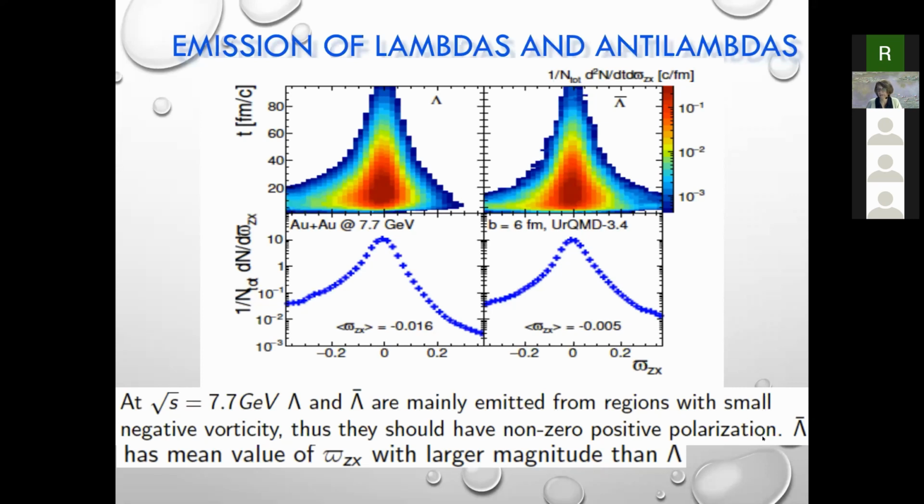And after that, the color shows us, imagine that's the projection of our hill on a two-dimensional plane, and these color bands show the main concentration of both hyperons according to their vorticity.